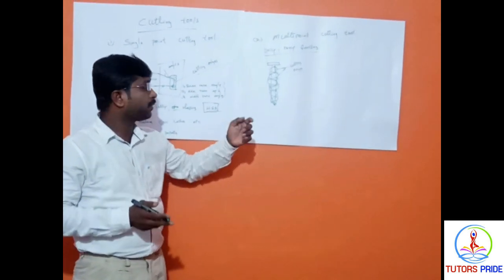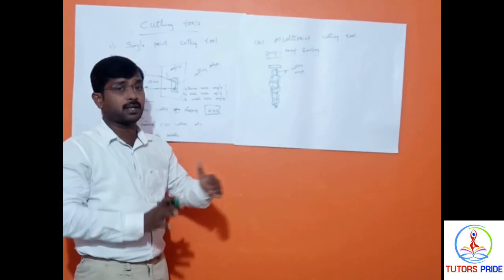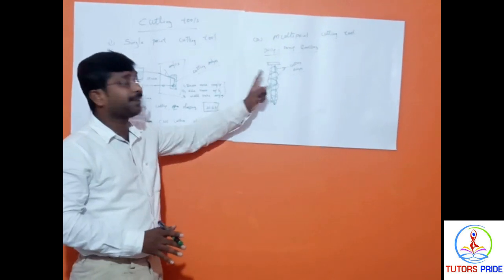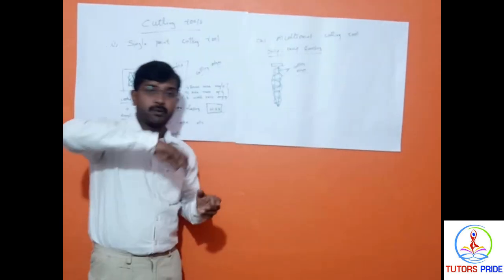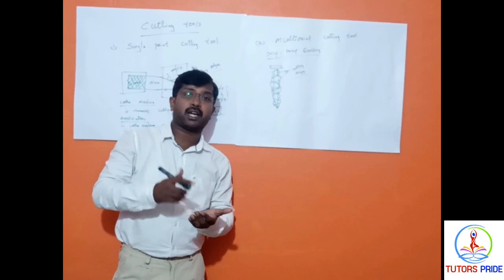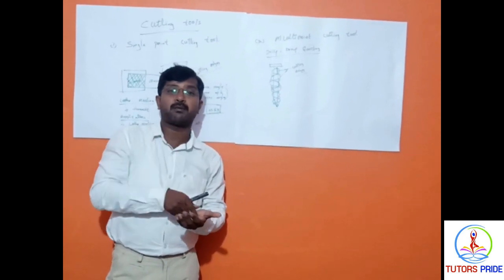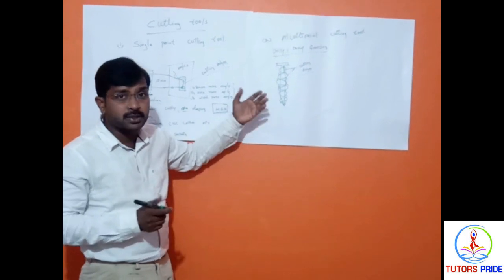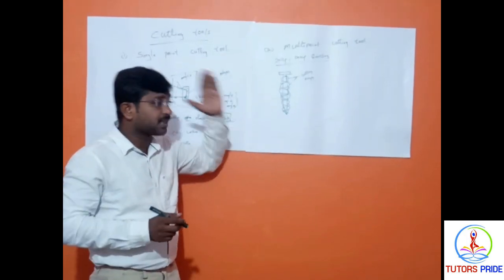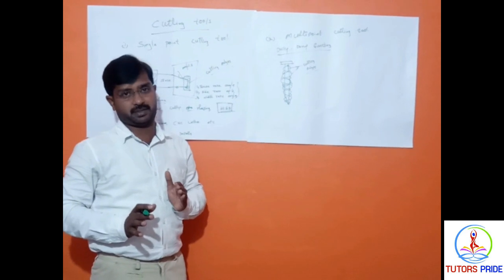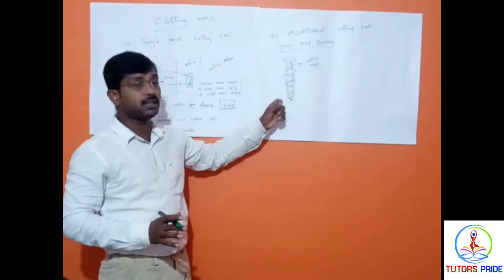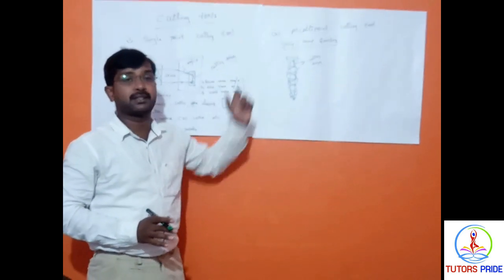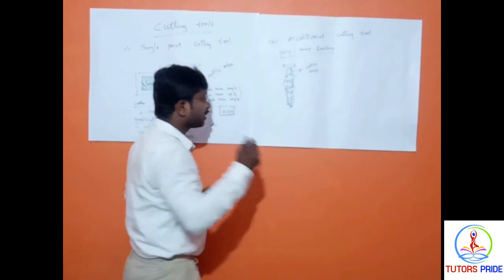Otherwise, if you are taking a much harder material but you use a ductile material for the drill bit, then if you insert it even a fraction of 1 mm depth, it automatically breaks. So whenever you are doing such an operation, the drill bit must be much harder than the workpiece.